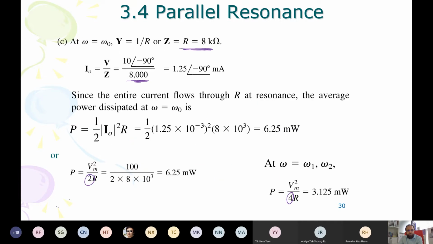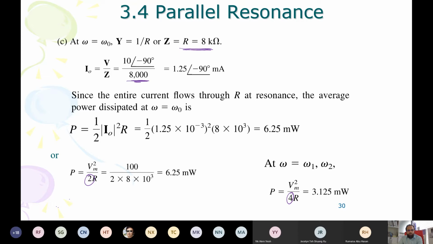And we can find the impedance. It's purely resistive because the L and C components have been cancelled out. And we can find I naught. We have V given as 10 sine something T upon 8,000, so we can get the current.